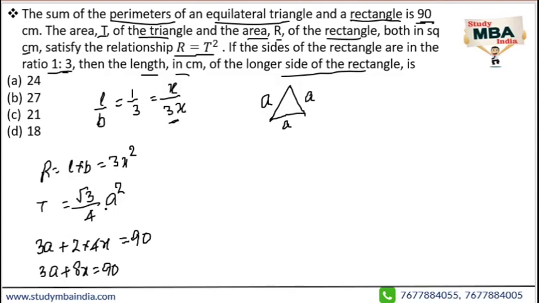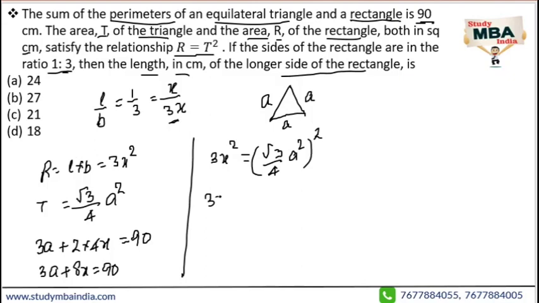So we have two equations. One is 3a plus 8x equals 90, and the other is the relation that R is equal to T square, and R is 3x square. So we can write 3x square is equal to T square, which is root 3 by 4 a square whole to the power 2. That we can write as 3 times x square is equal to 3a to the power 4 by 16.